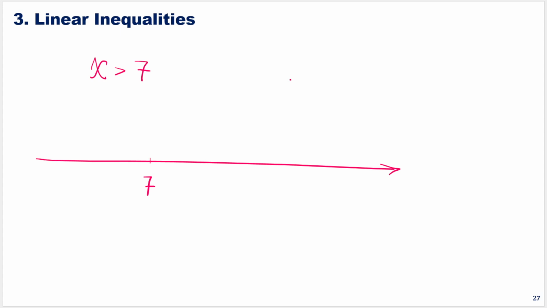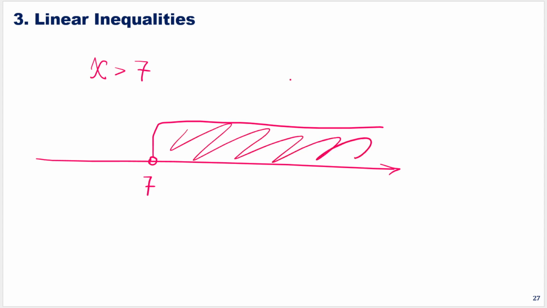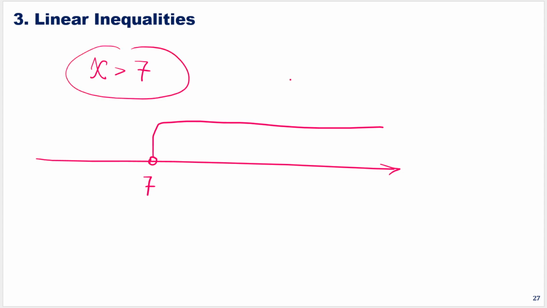X is larger than 7 means x cannot be 7, right? But to the right of the number 7. So all these areas are the possible values of x. That corresponds to this inequality, right? You get it? And for another example, if you want to denote x is larger than or equal to 7, then we'll use a solid dot here, which means x could also equal 7.